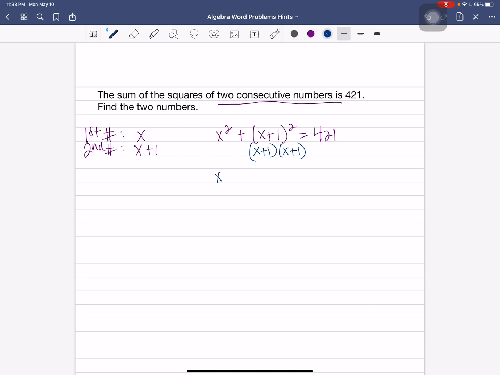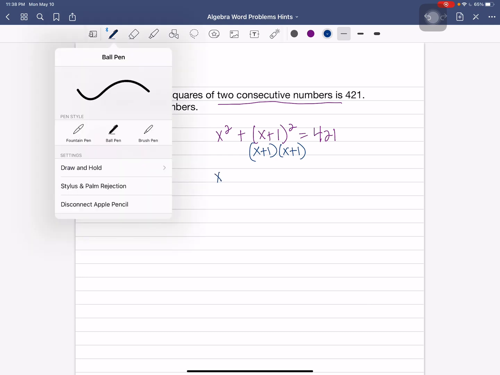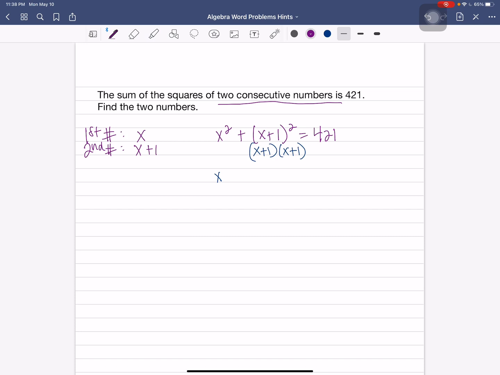So I'm going to bring down this x squared, and then x plus 1 times the quantity x plus 1 is x squared plus 2x plus 1.